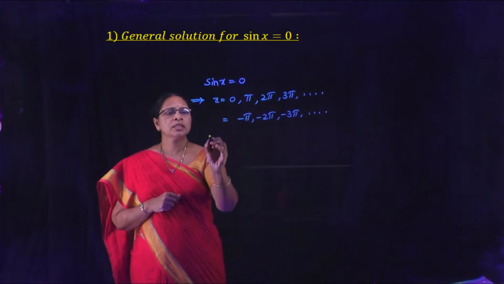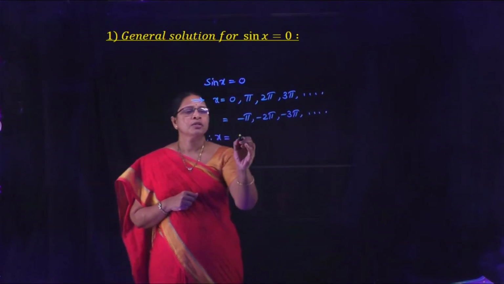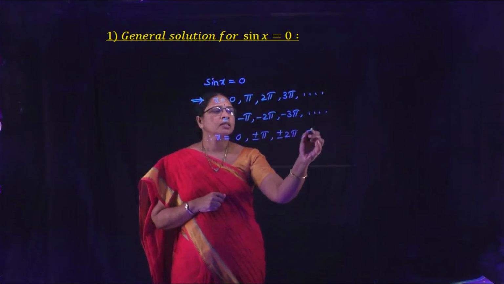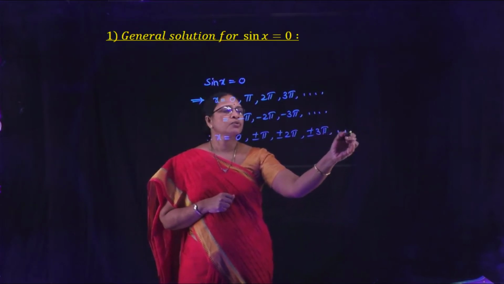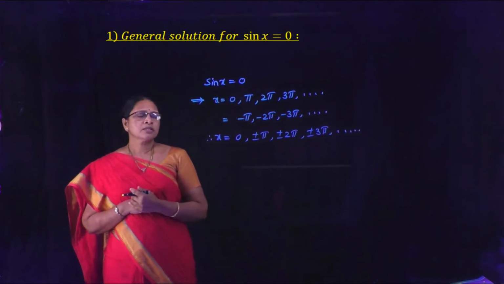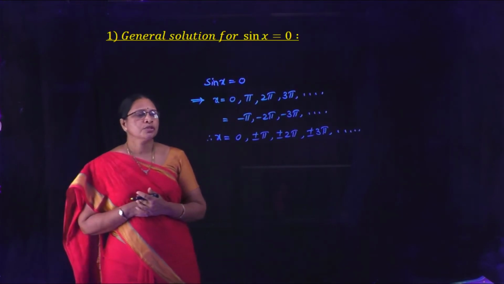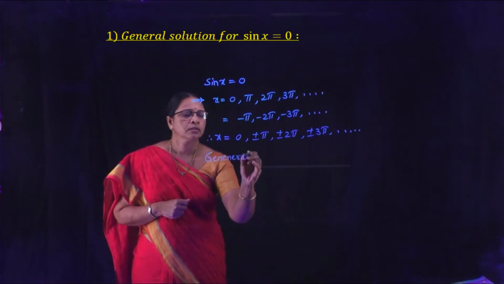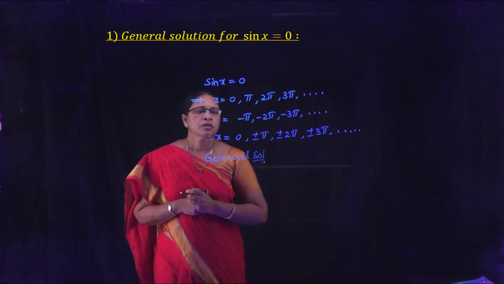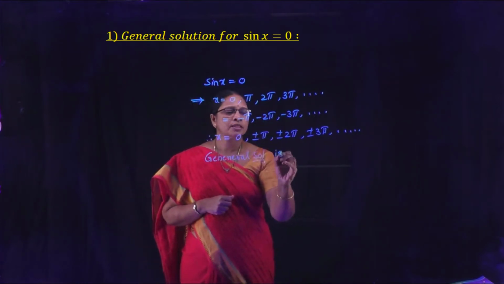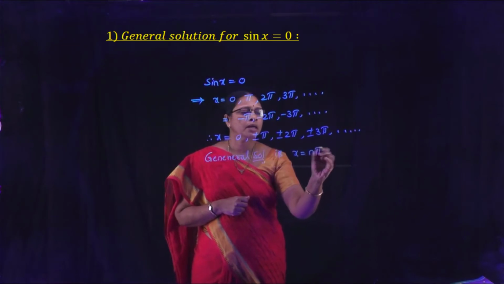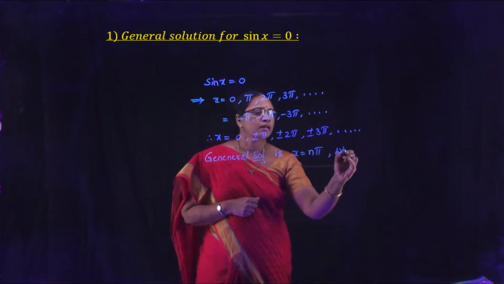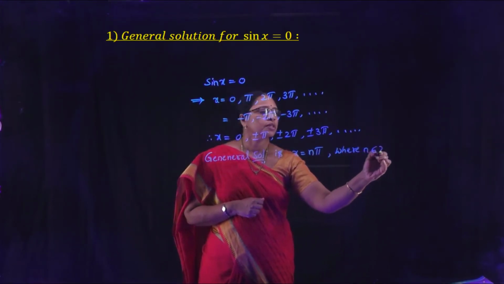By combining all these values, x is equal to 0, plus or minus pi, plus or minus 2 pi, plus or minus 3 pi and so on. The general solution for sin x is equal to 0 is x is equal to n pi, where n belongs to Z.